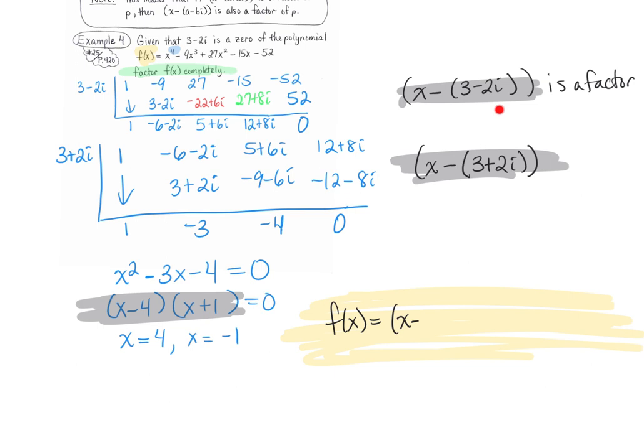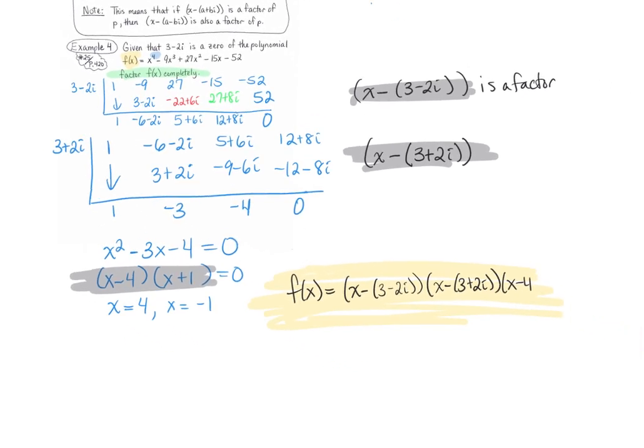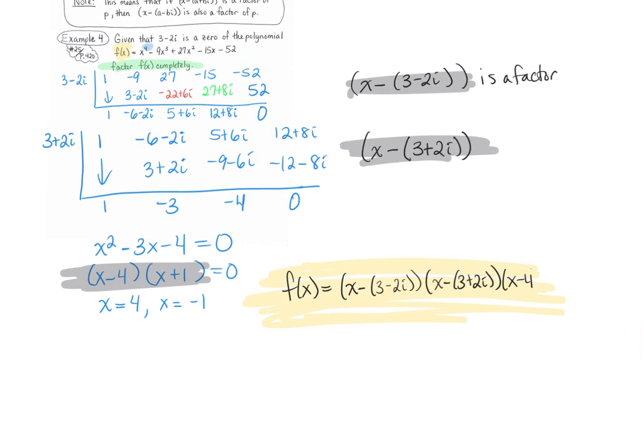So you can have x minus, I'll write it as we have it above and then simplify it. X minus the quantity 3 plus 2i, times x minus 4, times what? Good, times x plus 1, right? So that's how we factor f of x completely.